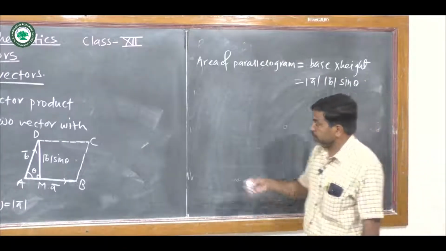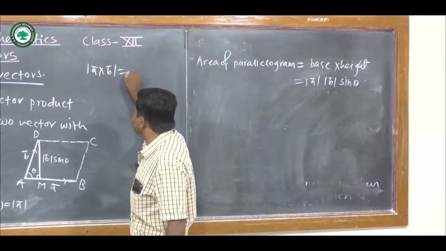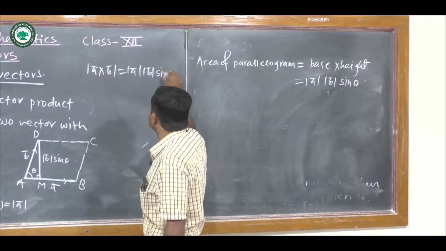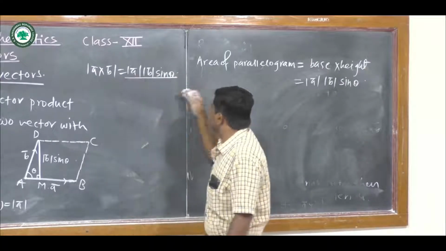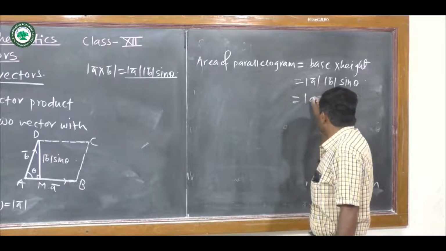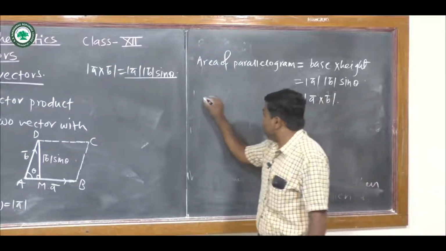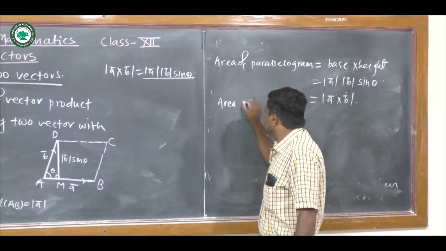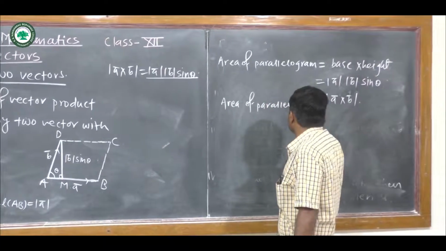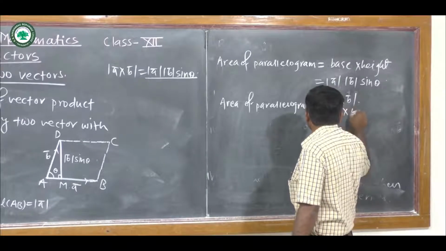But we know that magnitude of A bar cross B bar is equal to magnitude of vector A into magnitude of vector B into sine theta. So this right hand side is nothing but magnitude of A bar cross B bar. So area of parallelogram is equal to magnitude of A bar cross B bar.